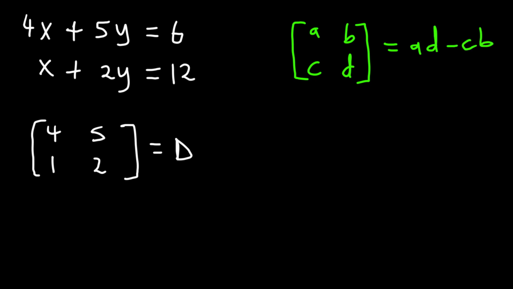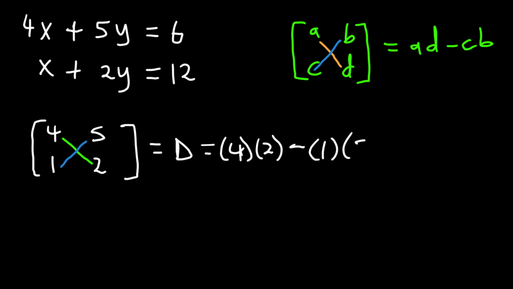In simple terms, you multiply A times D and then minus B times C. So in this case, we shall have 4 times 2, and then minus 1 times 5. Now 4 times 2 will give us 8, and then 1 times 5 will give us 5. And therefore D will be equal to 3.